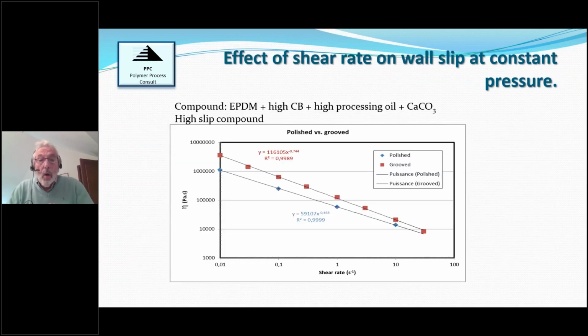So now what we do, we take a compound, we test first over the range of shear rate the viscosity with groove dies, so we have no slip, and then we change the upper die and we measure in slip conditions. So this is the variation in slip. This is a high slip compound based on EPDM.